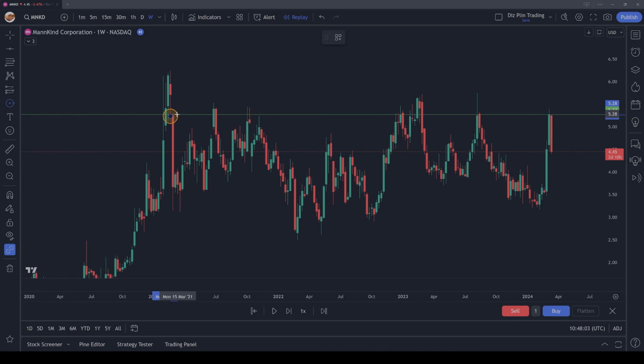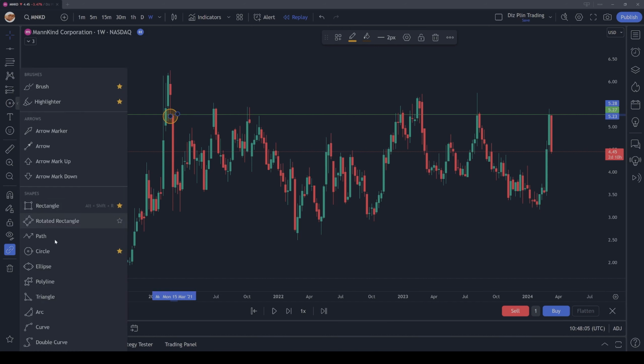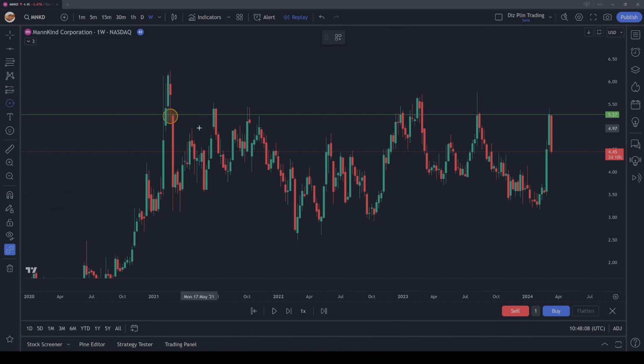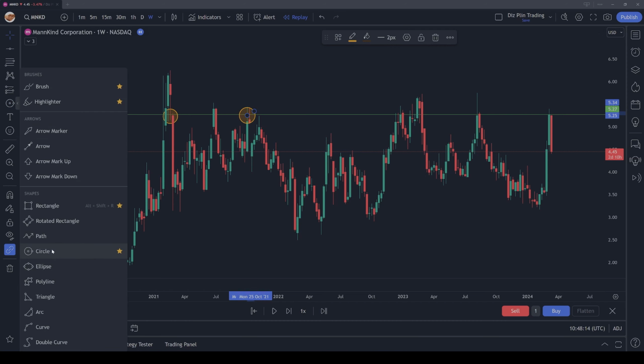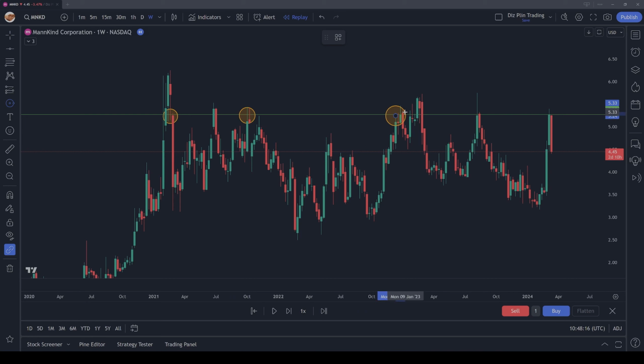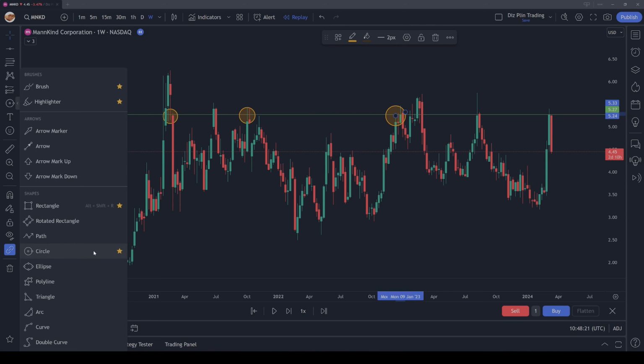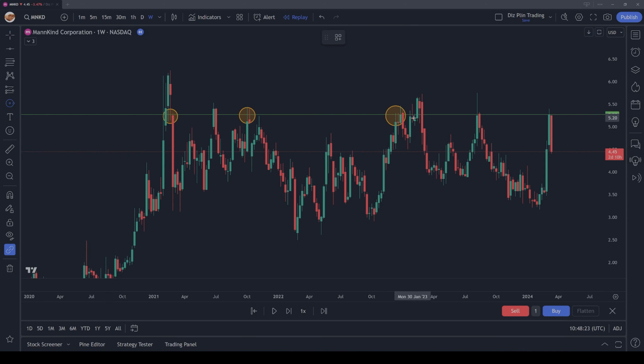So here we have 1, 2, 3, maybe you could say 4, possibly a clear one, 5, all on the weekly charts, where the stock has gotten to this area and dropped right back down.